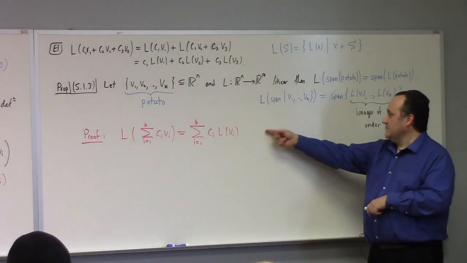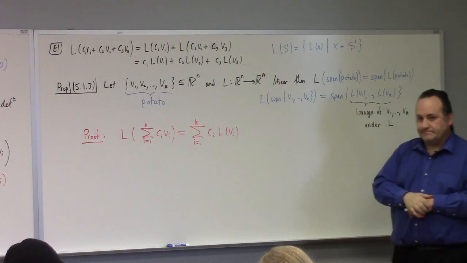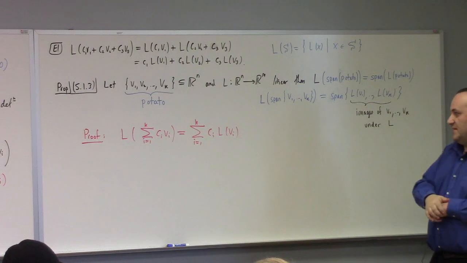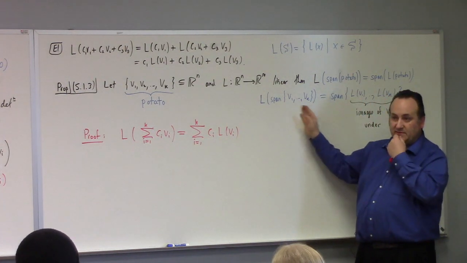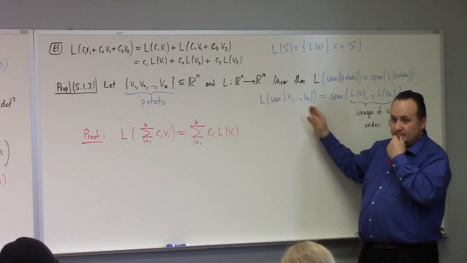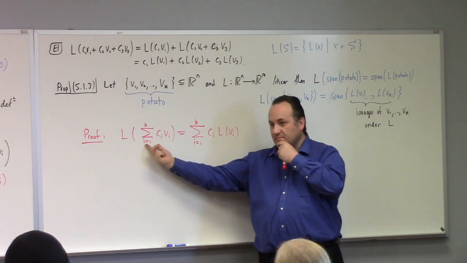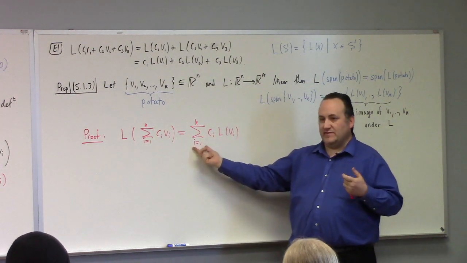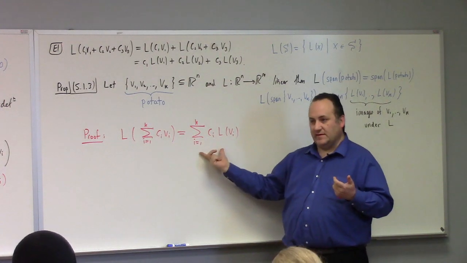This identity proves that these two sets are the same. See, because if I start with a linear combination of vectors v1 through vk, that's one of these things, but then because of this identity, it's actually the sum over ci L vi like this, right?